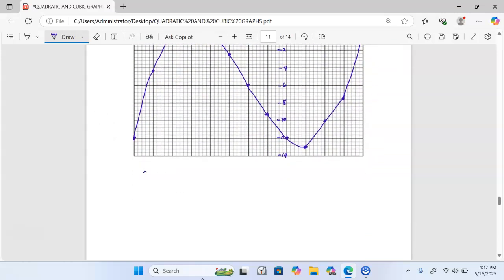So we are going to do this by taking the main function, which is y equals x cubed plus 2x squared minus 4x minus 12.